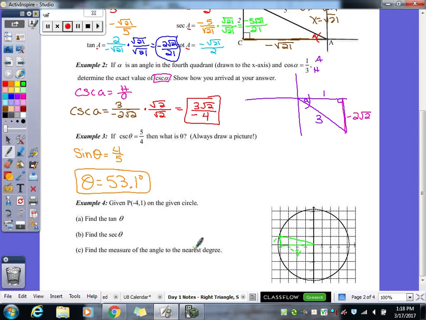Can we just use the distance formula? Find your missing side, Pythagorean theorem.